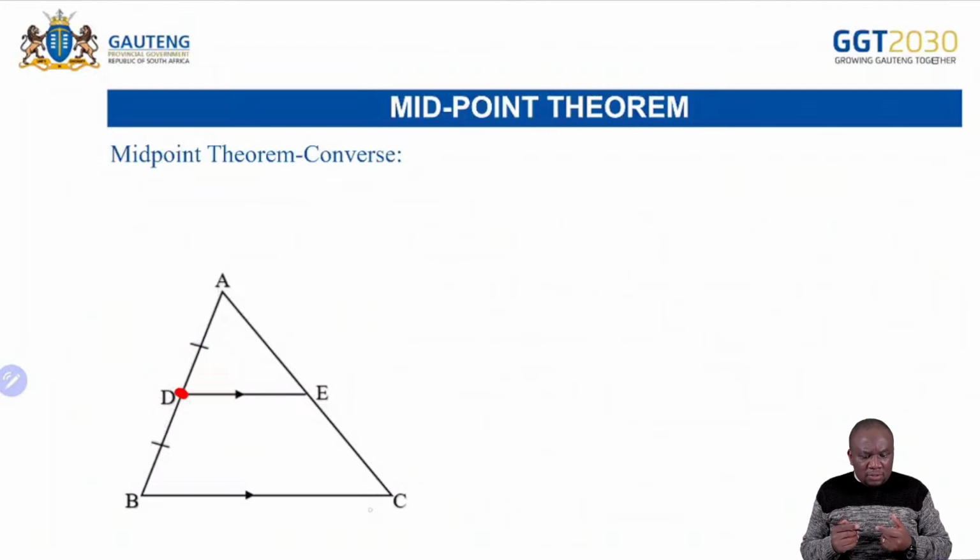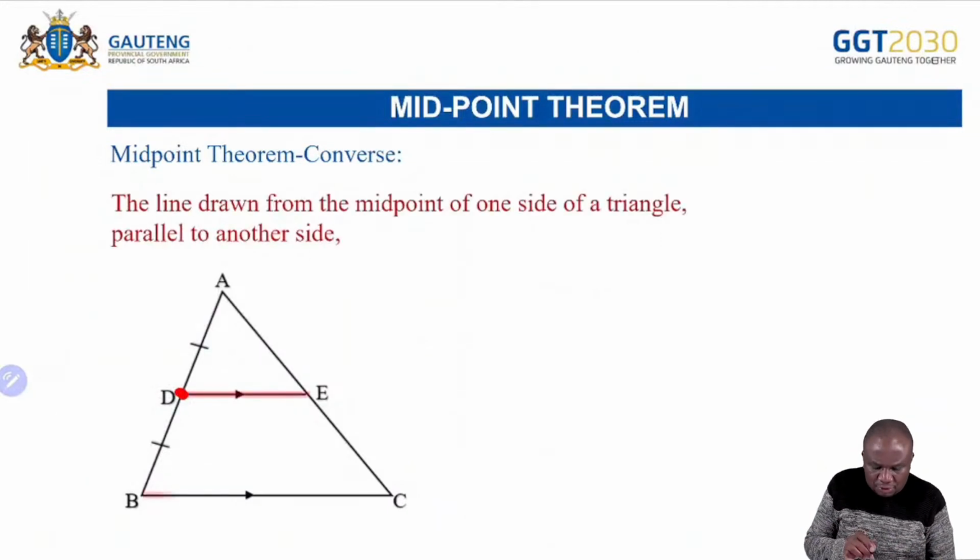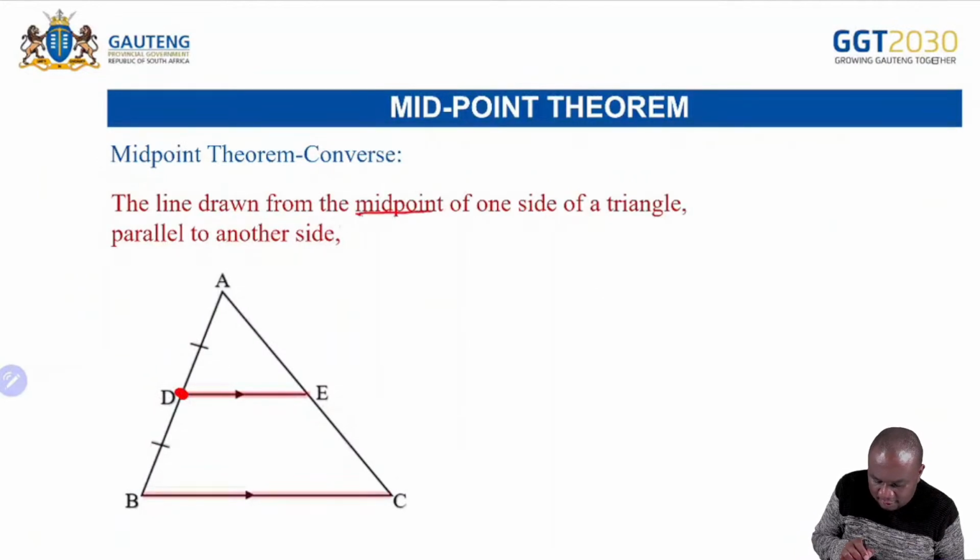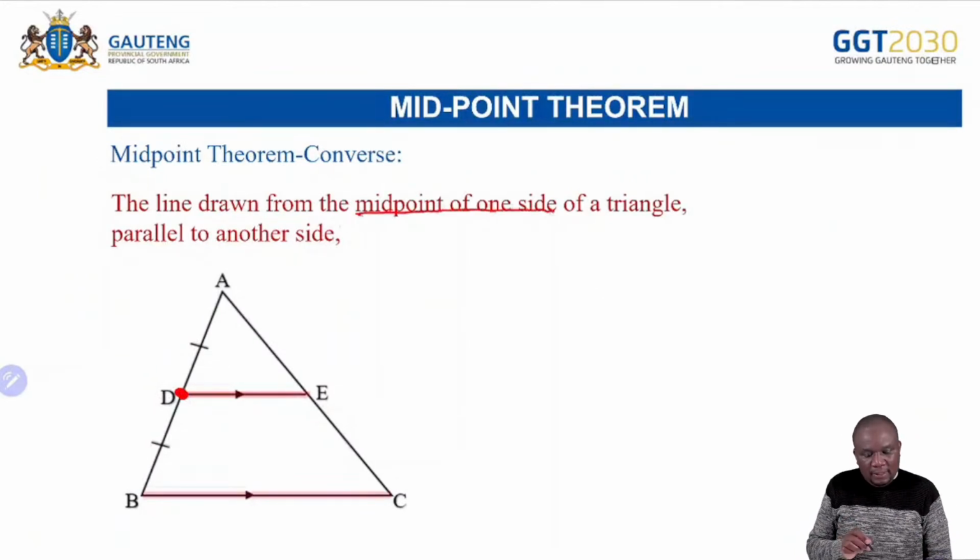So the line segment DE drawn from the midpoint of one side of the triangle parallel to the second side. Then what does it do? Let's check that.